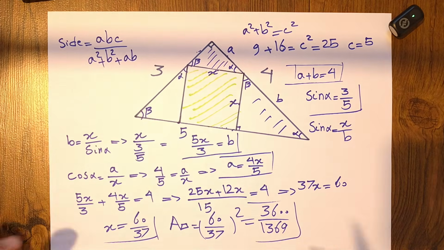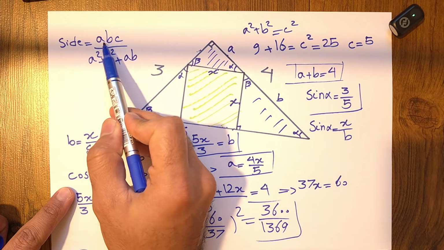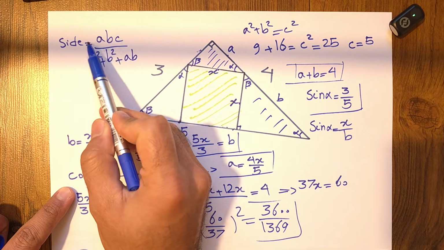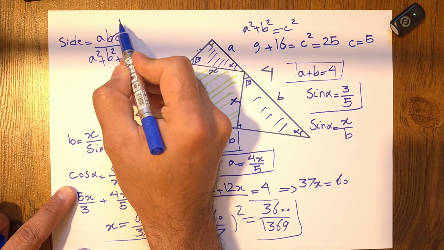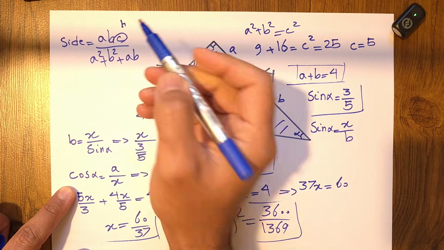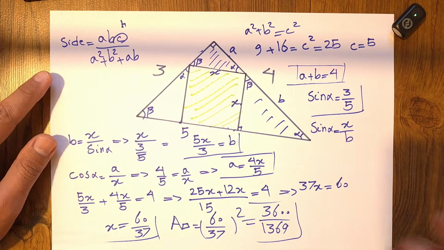What are A, B, and C? So A and B are the sides of the triangle, and C is the hypotenuse. Okay, so C is the hypotenuse. So let's just substitute now. It's very easy.